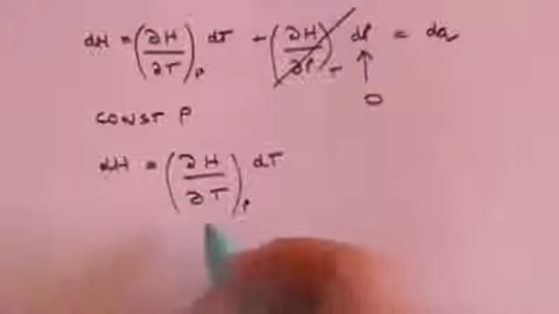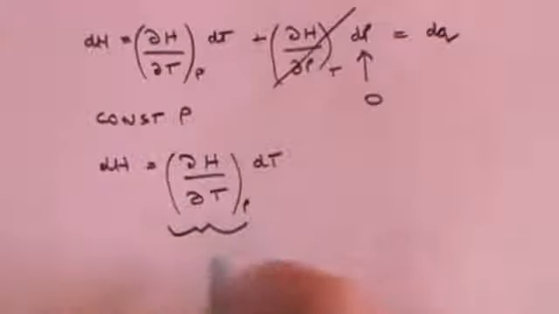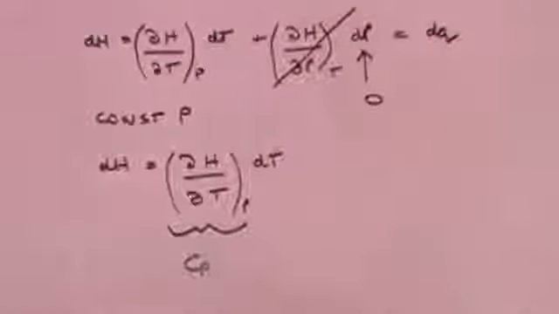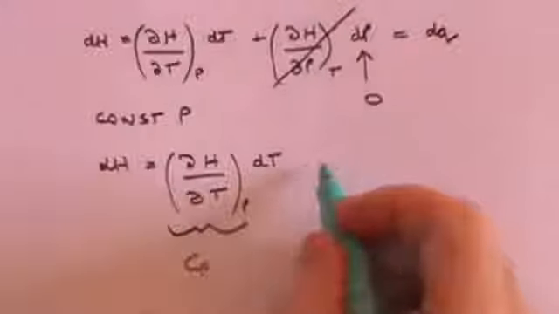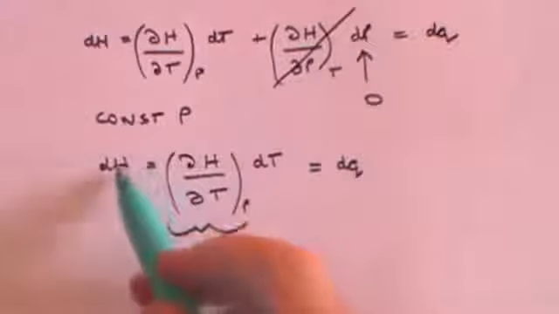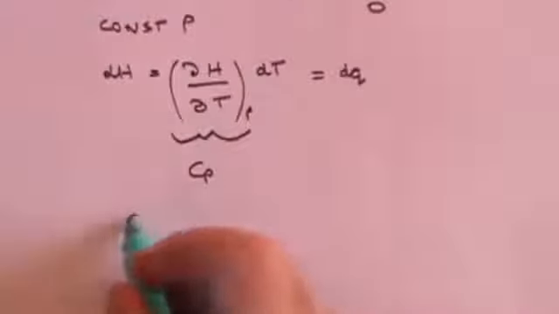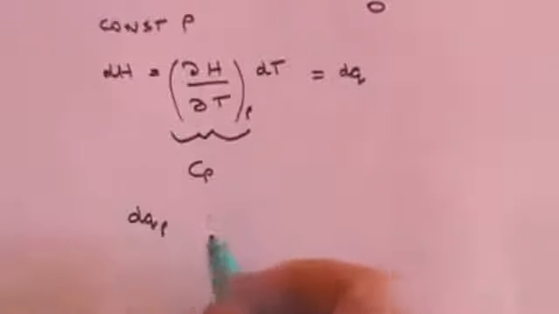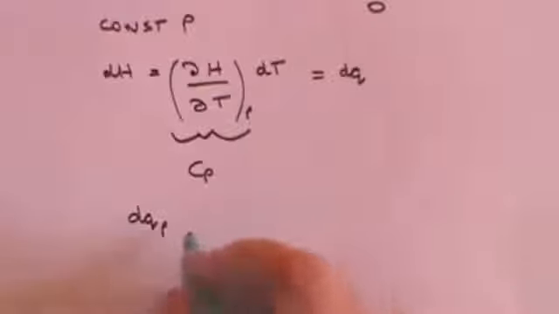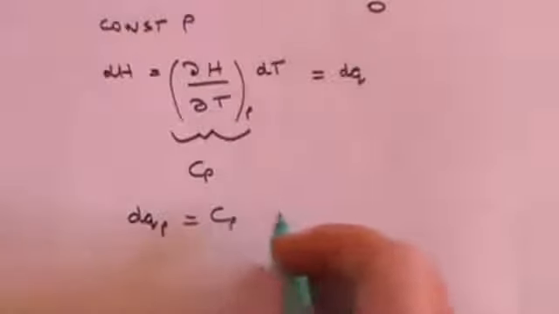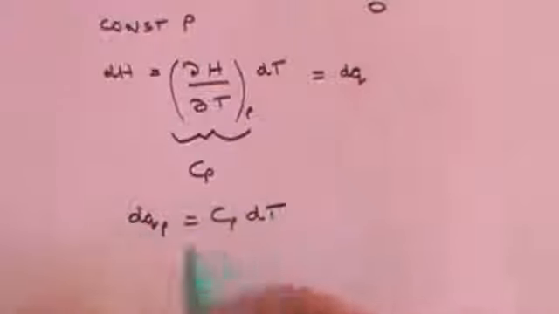And this term here we call the heat capacity at constant pressure. And that of course equals dQ because we've shown that dH equals dQ. And so now we have a formula that says that dQ, and I'll put a little p here to show that we're at constant pressure, is equal to the heat capacity at constant pressure times dT.